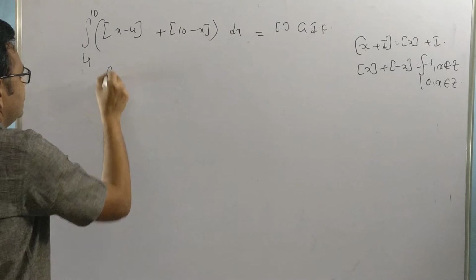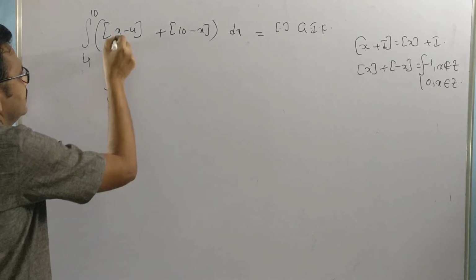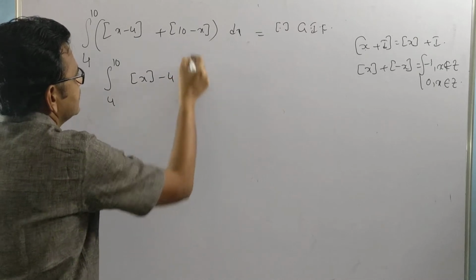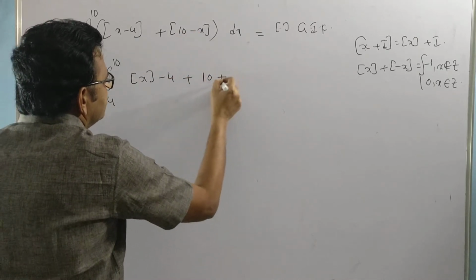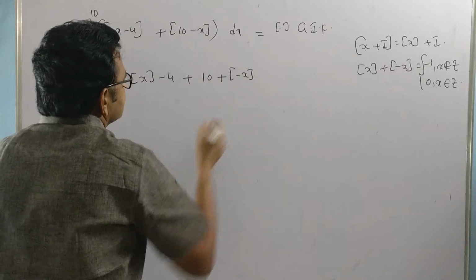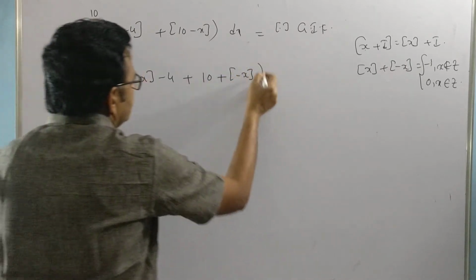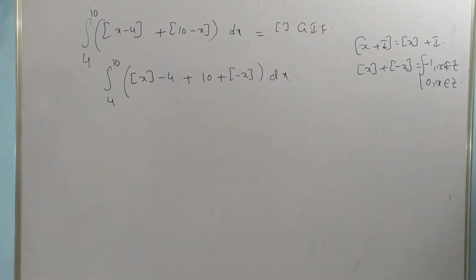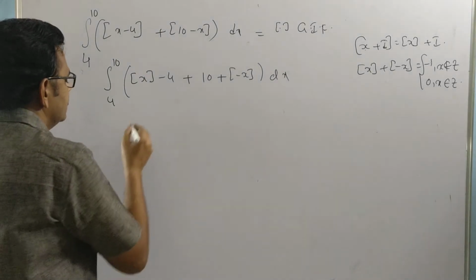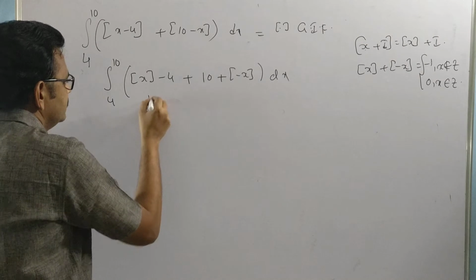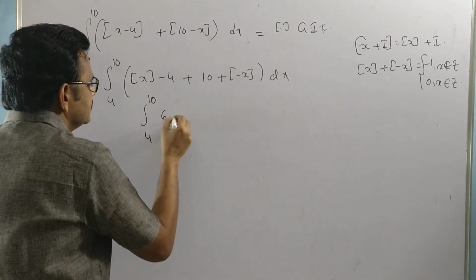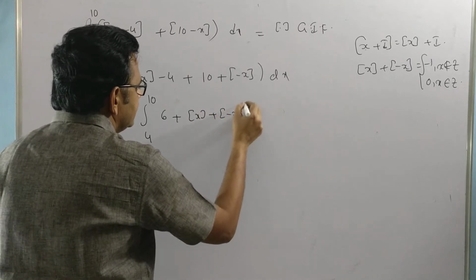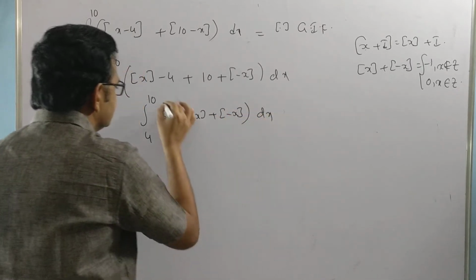Now the integral from 4 to 10 can be written as [x] minus 4 plus 10 plus [minus x] dx. So this is the integral from 4 to 10 of 6 plus [x] plus [minus x] dx.